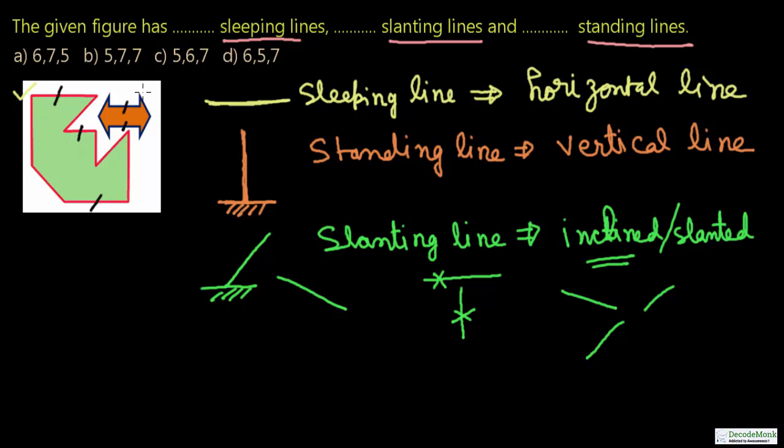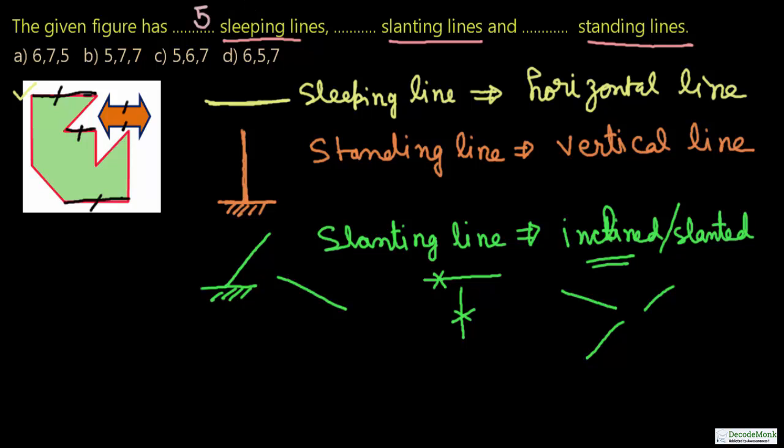I hope that you cannot find any other sleeping lines in the given figure. This particular line is lying horizontally, this particular line is also lying horizontally, this particular line is lying horizontally, and the other two also. So there are 5 sleeping lines, so we can comfortably fill this gap with 5.